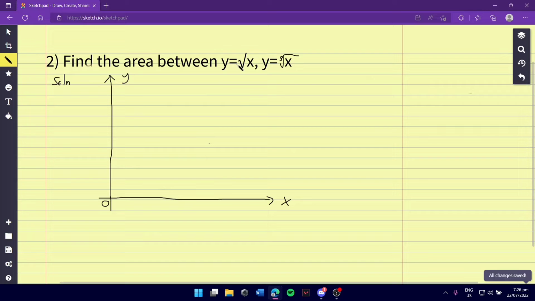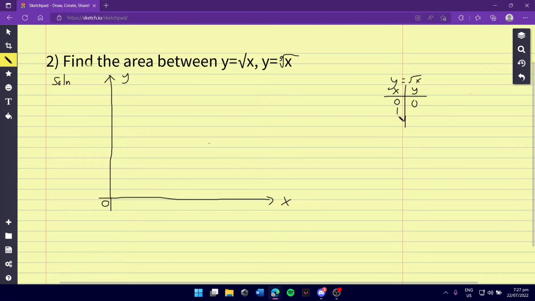Since y here is equal to the square root of x, we will use our tabular method to find the first curve. If x equals 0, then y equals 0 because the square root of 0 is 0.